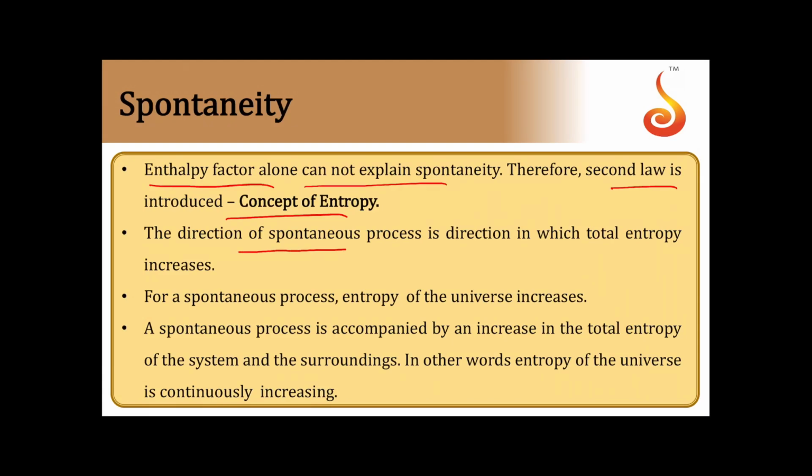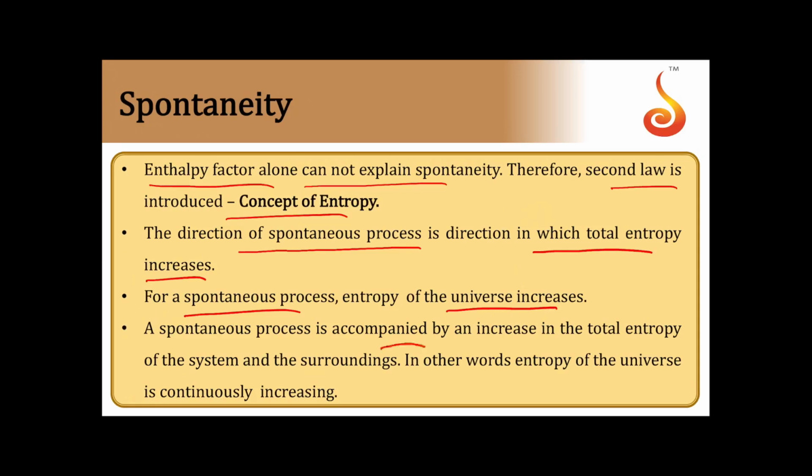It says the direction of a spontaneous process is the direction in which total entropy increases. Total entropy means entropy of system plus surroundings. The total value should increase. So for a spontaneous process, the entropy of the universe increases.